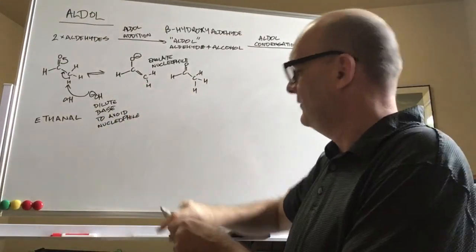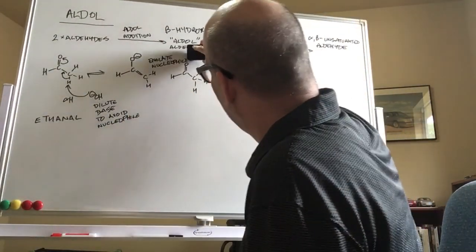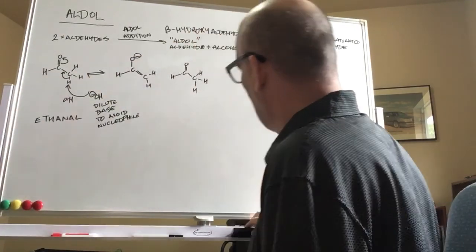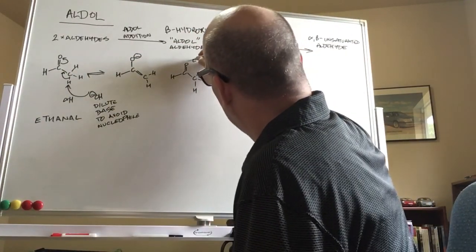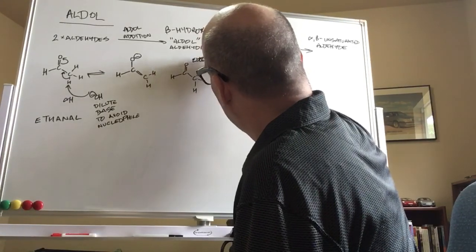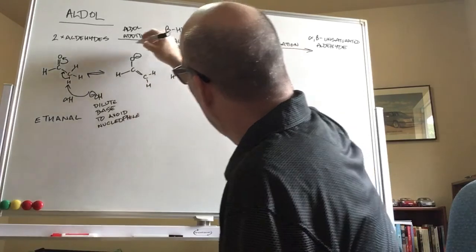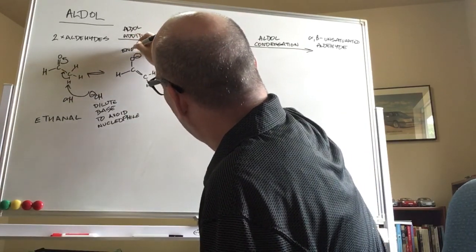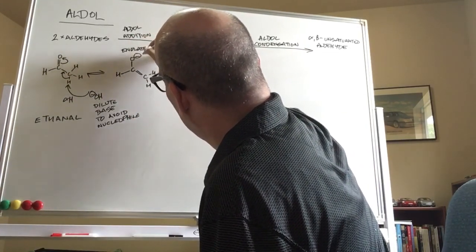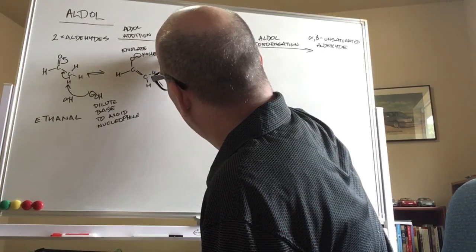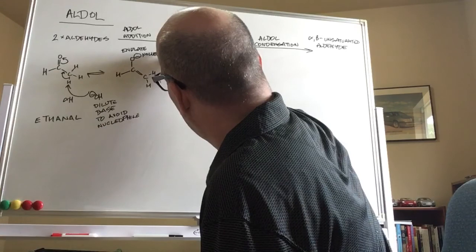So here's the nucleophile. Actually, I'm going to write that so that here's the electrophile. And here is the enolate nucleophile. All right, put them a little bit further apart from each other.